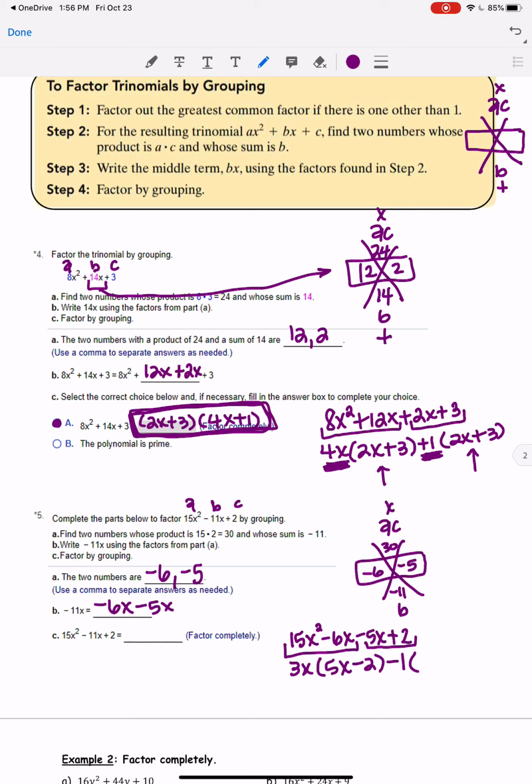So now just switch the signs. Negative 5 divided by negative 1 is a positive 5x. And 2 divided by negative 1 is a negative 2. So you've got your common binomial, 5x minus 2. And then that leaves us with 3x minus 1.